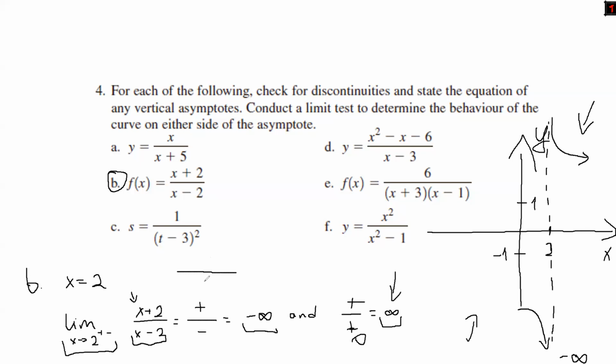denominator decreases, because if, for example, x equals 1, we're going to have 3 divided by negative 1. Then if x equals 3, we're going to have 5 divided by 1. But then x equals 6, and we already have 8 divided by 4, which is 2 over 1.